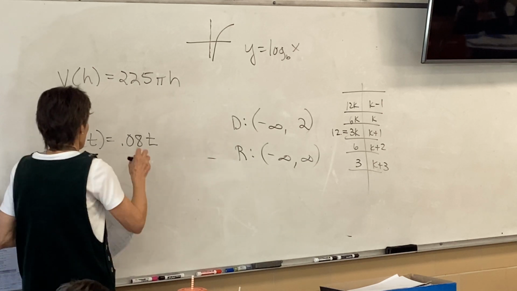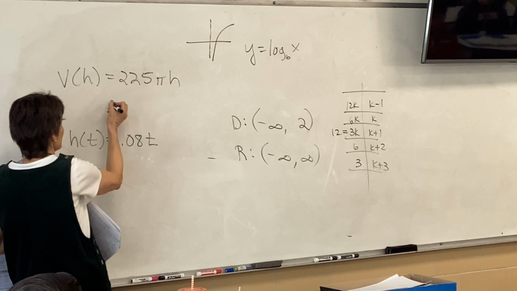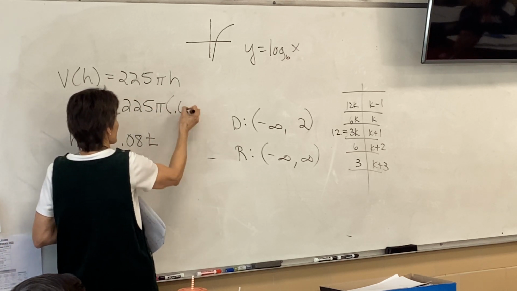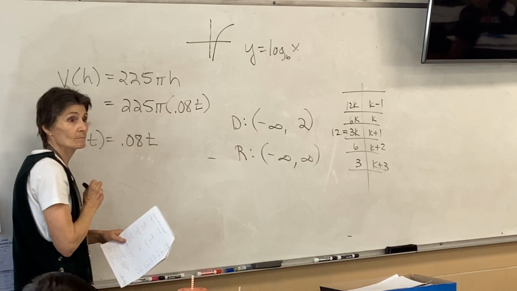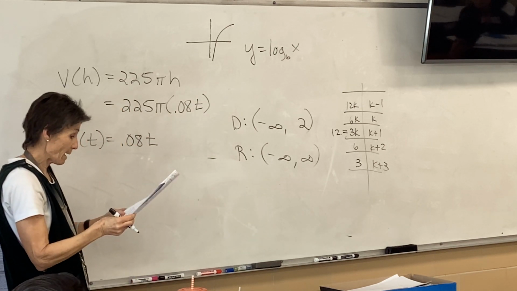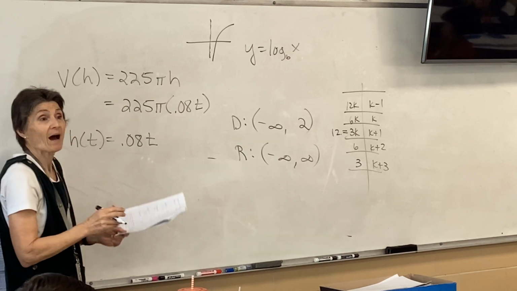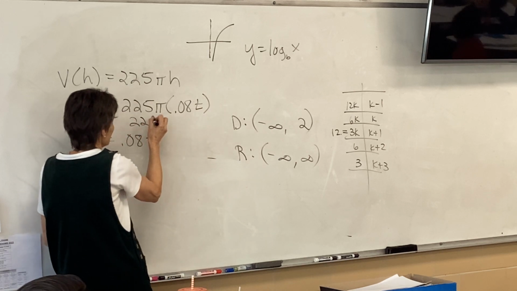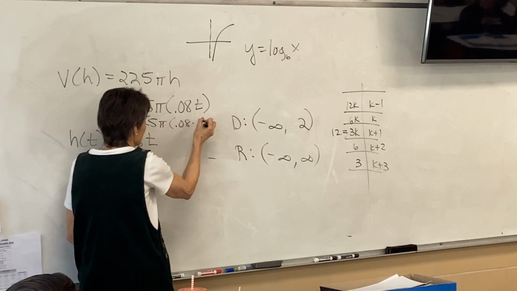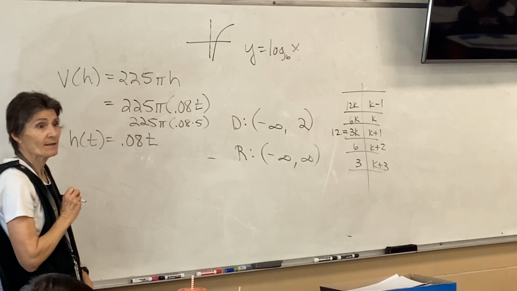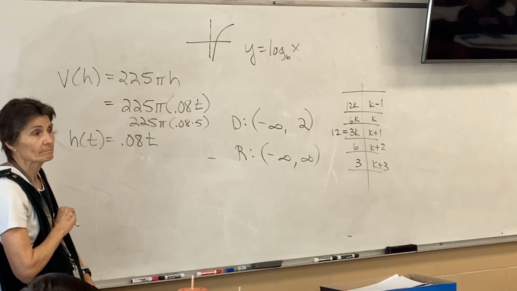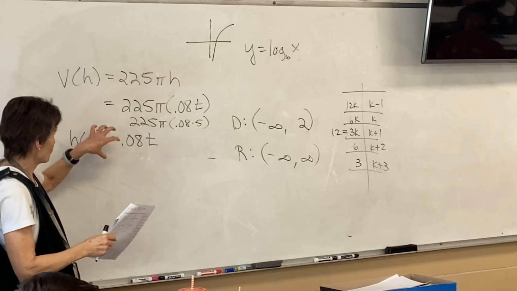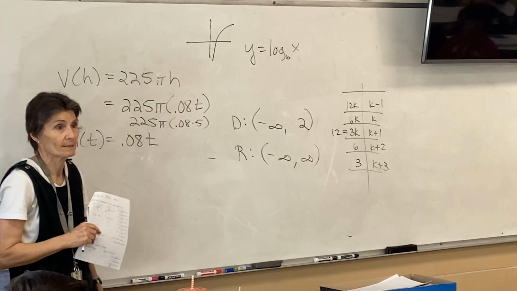Okay? So, if the height is 0.08 T, then my volume is going to be 225 pi times 0.08 T. And it says what happens at 5 hours. So I'm just going to put a 5 right in here, and I'm going to work that out, and that's going to be my answer. That's like a composite function where you have your height that you're building into your volume.